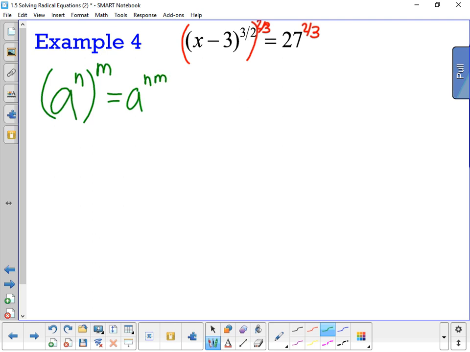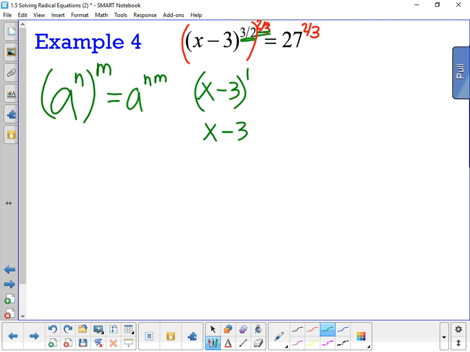So here, when I multiply the 3/2 and the 2/3, it's equal to power 1. So I essentially have x minus 3 raised to the 1 power, which is really just the same as x minus 3. So we use the reciprocal so that we're turning that into a power 1 on the left.